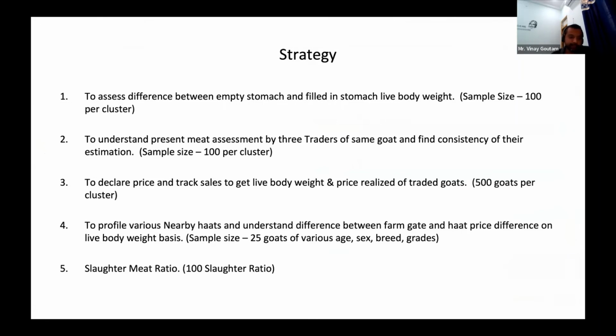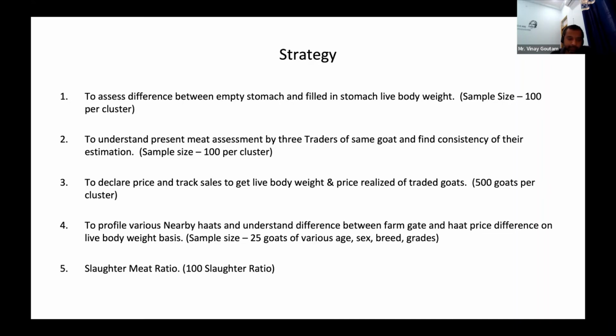After the meat assessment, we have to track the real sale data of a traded goat in the same cluster. In this process, we have to note down the amount received by the farmer and the weight of the goat at the time of sale.